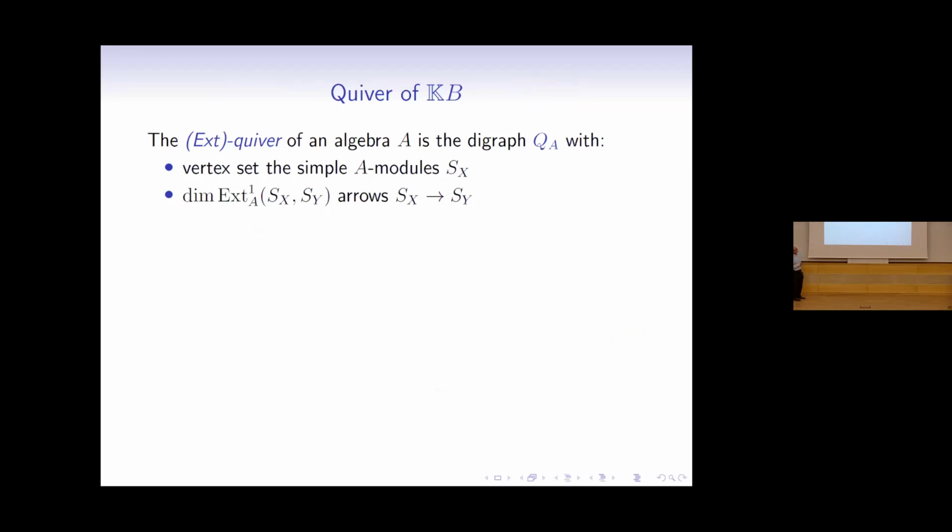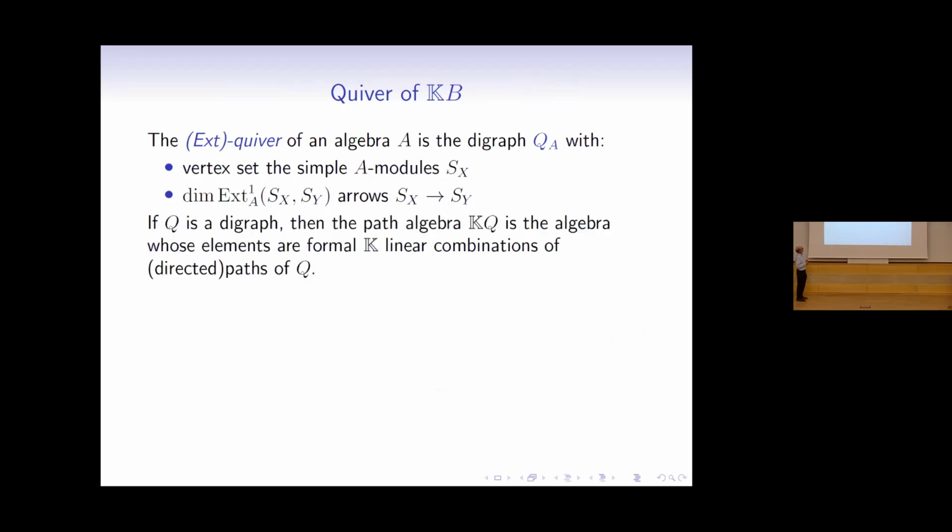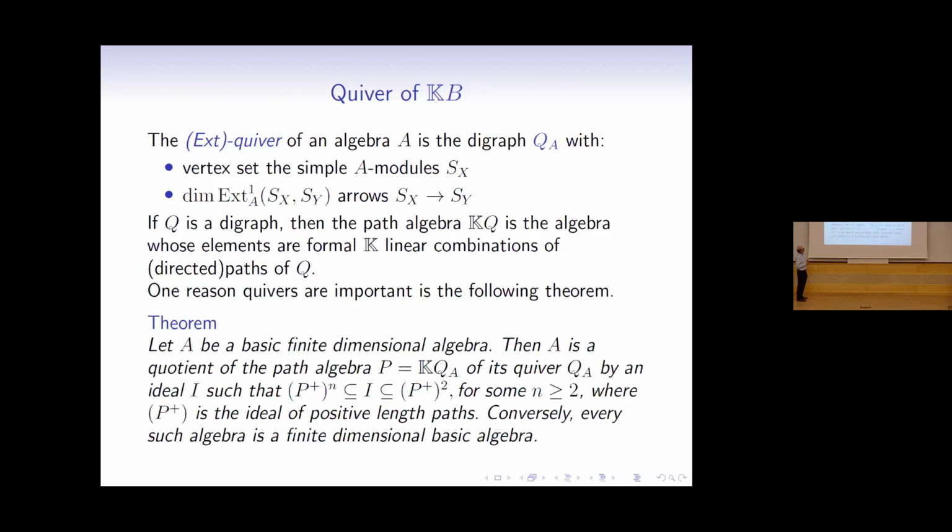So I'll just get to the computation of the quiver of this algebra. The quiver is one of the important invariants of a finite dimensional algebra. Quivers are important because they give us a way to compute all basic algebras.